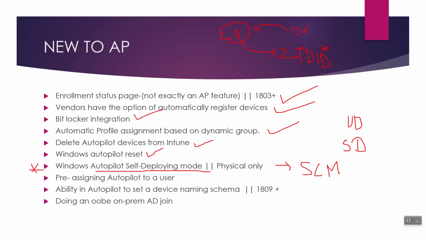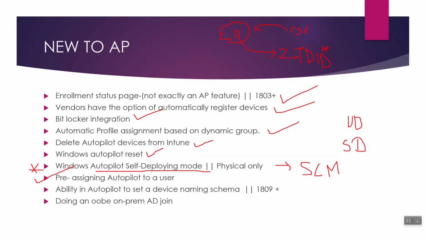Okay, now something which we have added is pre-assigning Autopilot to a user. What this means is, let's say I purchased 10 devices from the hardware vendor, and I'm going to give these 10 devices to 10 users in my environment. So I told the vendor to ship these 10 devices directly to these addresses.